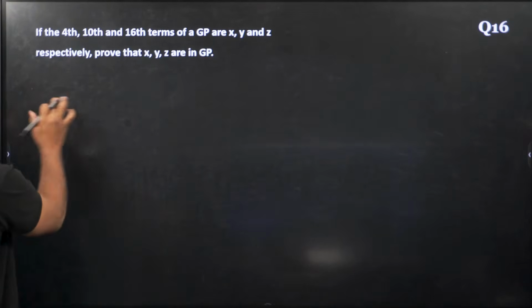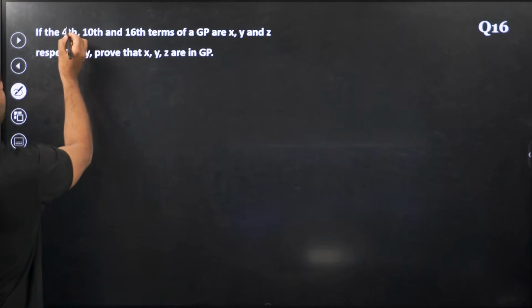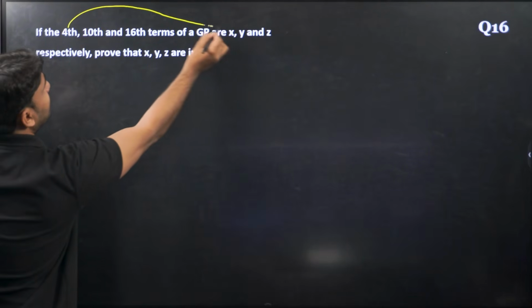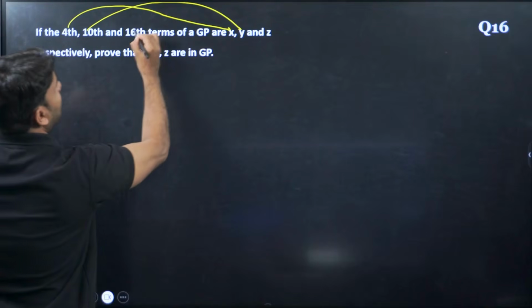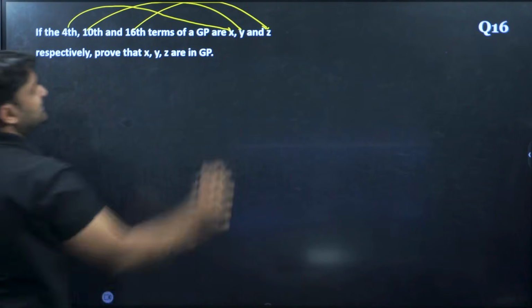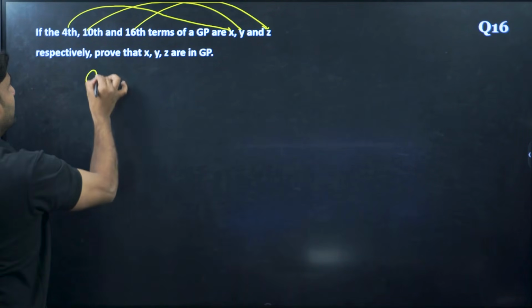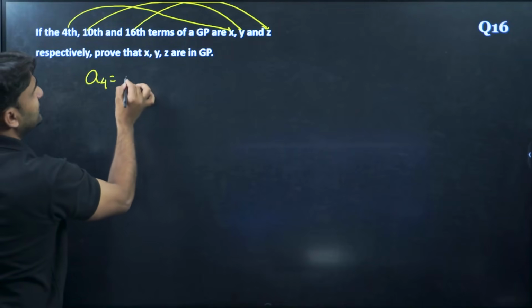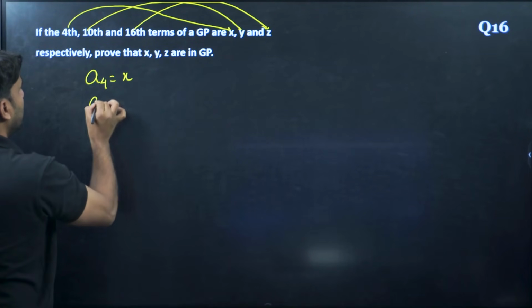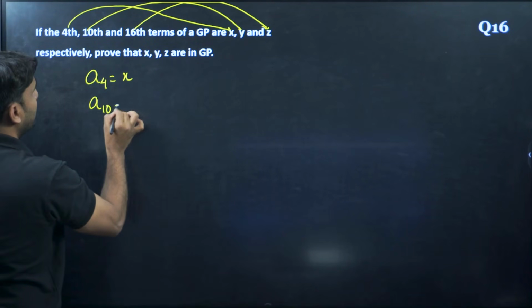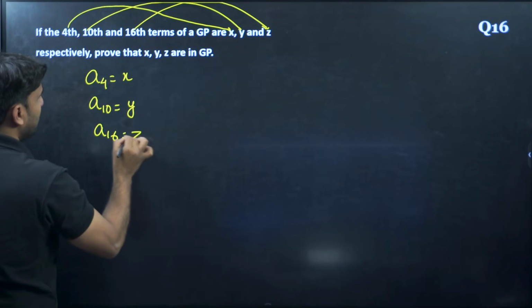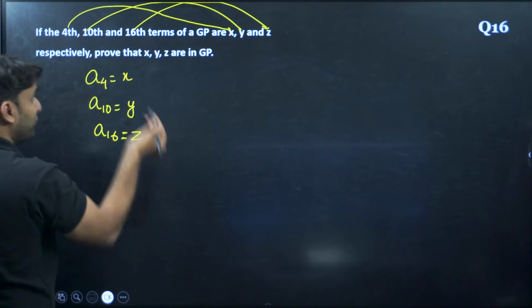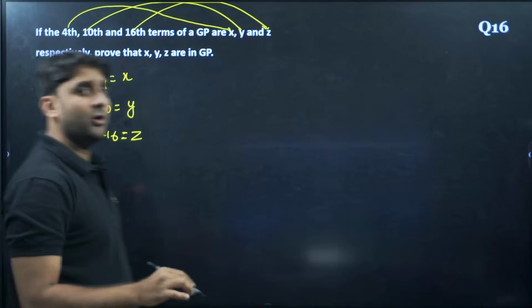So basically, my dear champions, 4th term is X, 10th term is Y and 16th term is Z. So let's write here. 4th term is X, 10th term is Y and 16th term is Z, and we have to prove that X, Y, Z are also in GP.